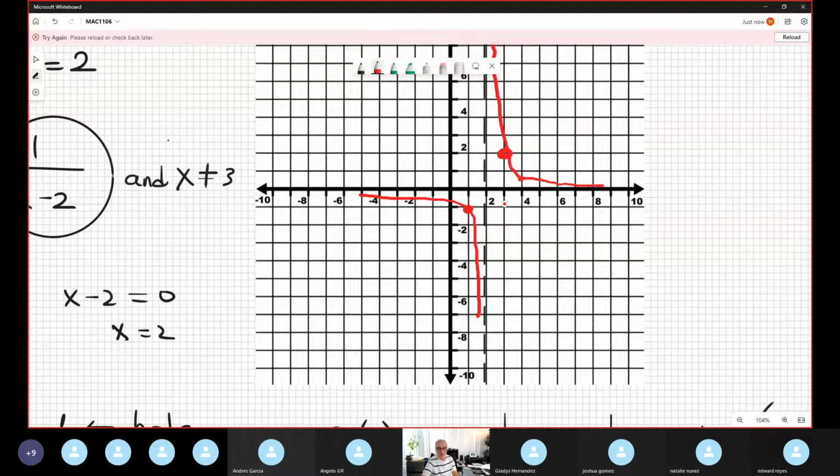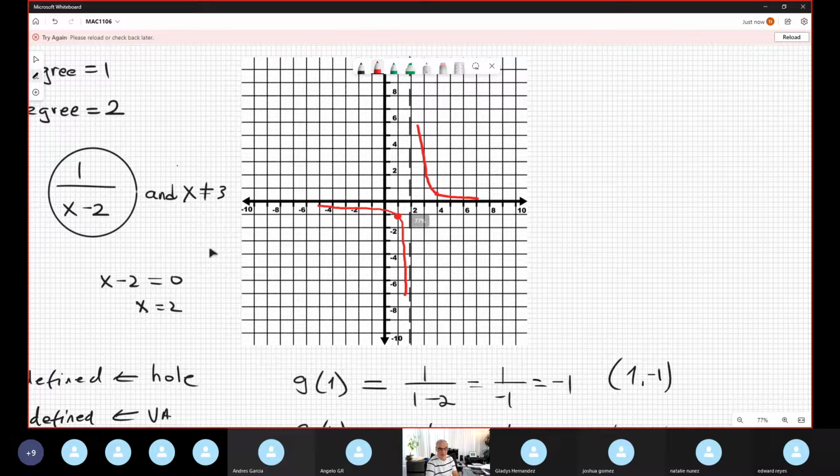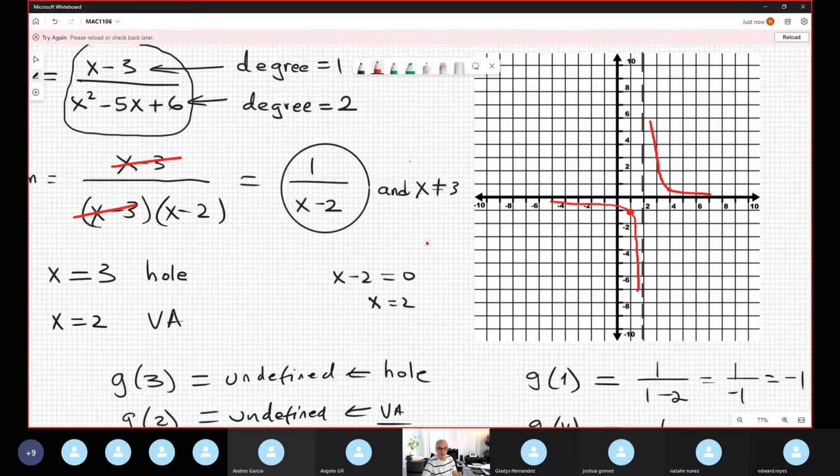The hole is an open circle, like that. Now, I don't know exactly where, but I can find it, because remember, this expression and this expression are 99% equivalent except in 2 and in 3.